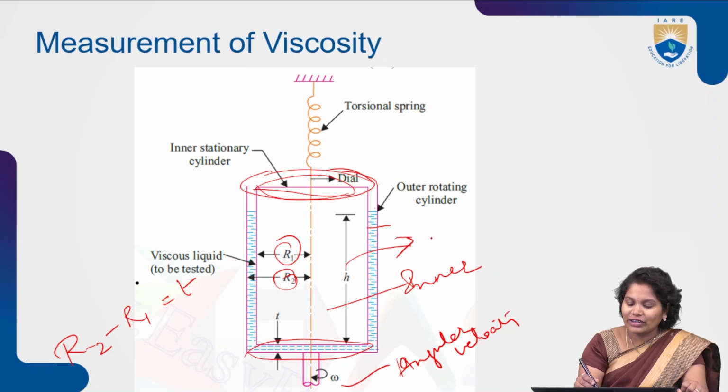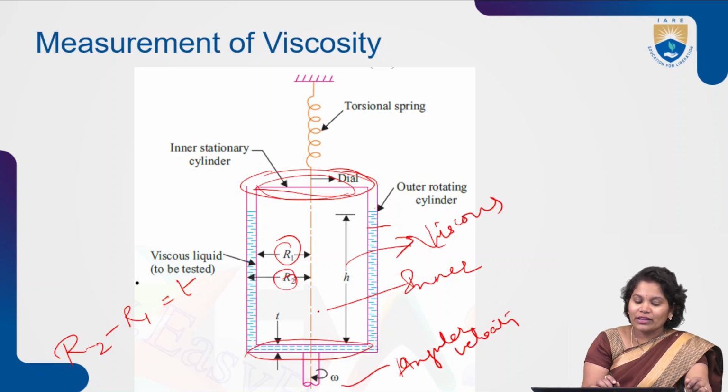By this method, we can find out the viscous nature of the fluid inside the annular space.